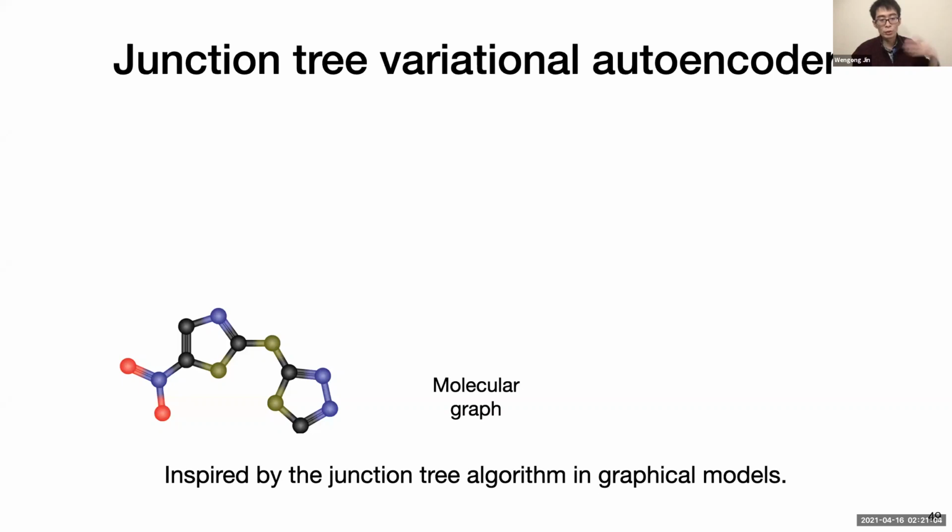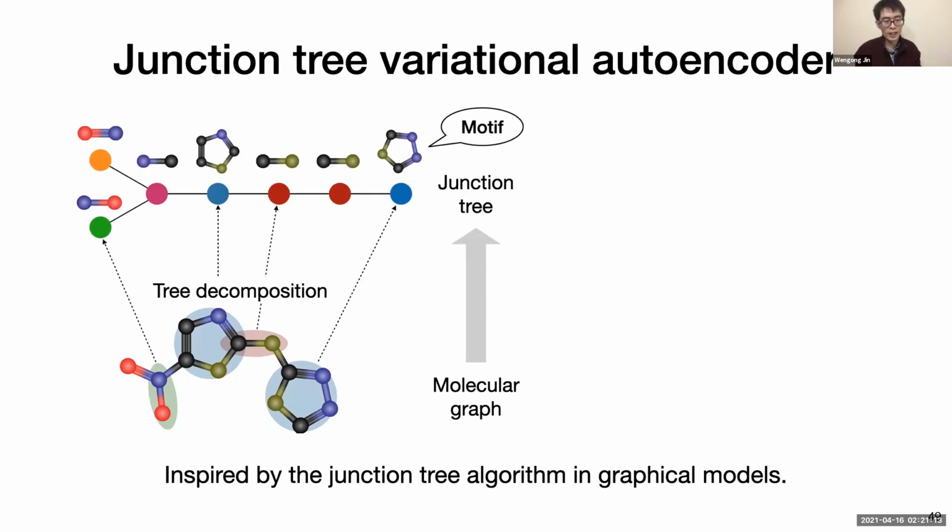To leverage the low tree width of the molecule, I decompose a molecule into a tree structure called a junction tree. In this junction tree, each node is no longer just a single atom. It can be a motif or a subgraph, however you call it.